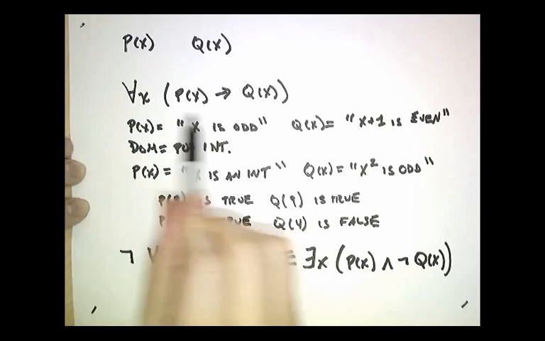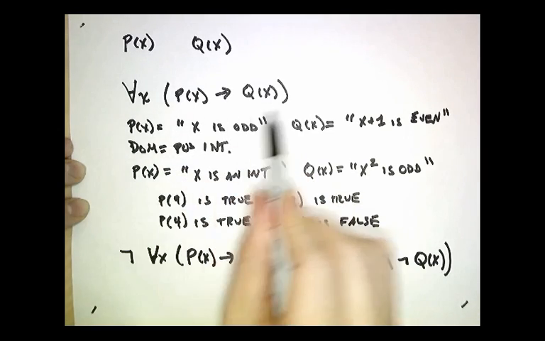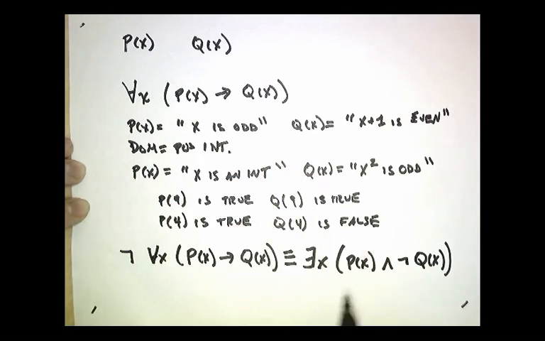So, if this statement, let's say it's true, okay, that's fine. But if it's false, it means that there exists an x such that p of x is true and q of x is false.